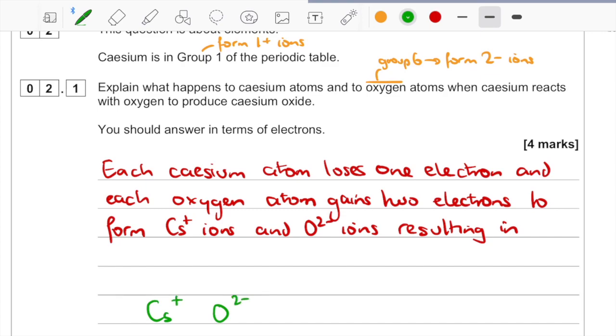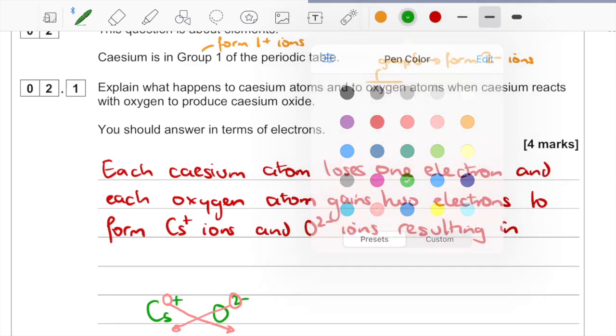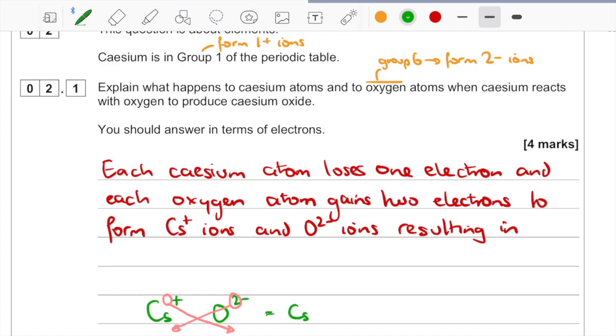This is just a reminder of a little rule that we did. Whatever the number before the charge is goes after the other ion. If they're both the same number, it's just one of each. So what we've got here is Cs2O. So that can be our final answer.